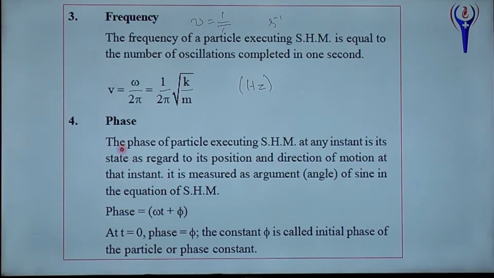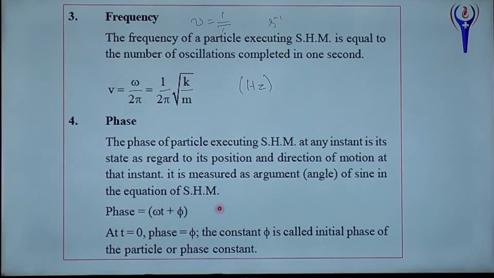It is measured as the argument, that is the angle of sine in the equation of simple harmonic motion. Phase equal to omega t plus phi. That is sine omega t plus phi we will use. That only is the argument value.